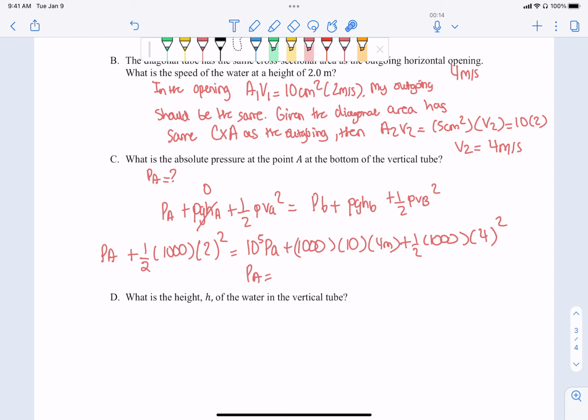47 kilopascals. You're off by some amount. Four times 10 to the 9th. Whoa. Okay, there we go. 146,000 pascals. That's more what I'm looking for.